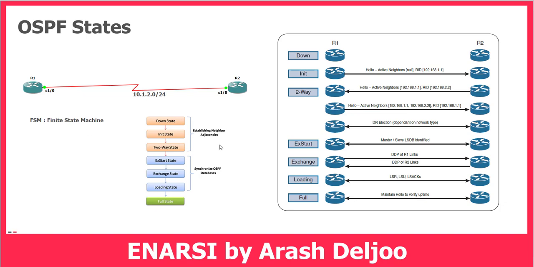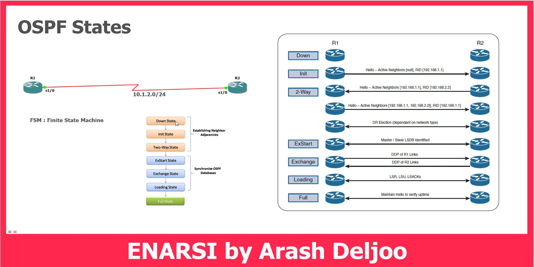Let me talk about these OSPF states. Assume that here we have router 1 and router 2. We have configured these two routers with OSPF, and here you can see the process occurring between them. In OSPF, we have these states: down state, init state, two-way, Exstart, exchange, loading, and full.